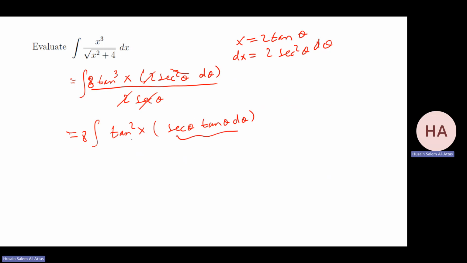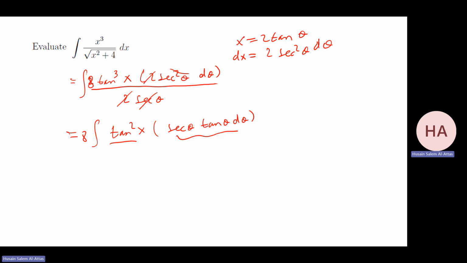This will be my du, this is u. It will be 8 tan cubed, 2 secant squared over 2 secant.